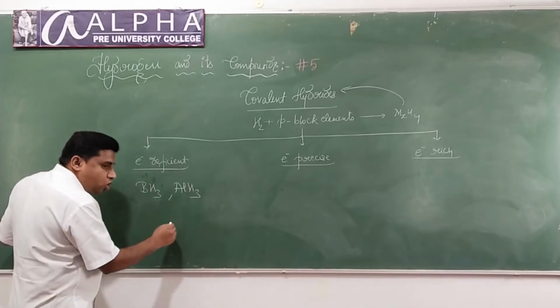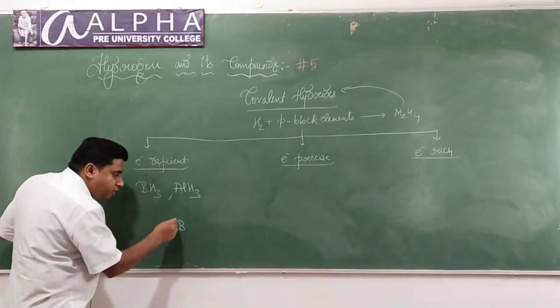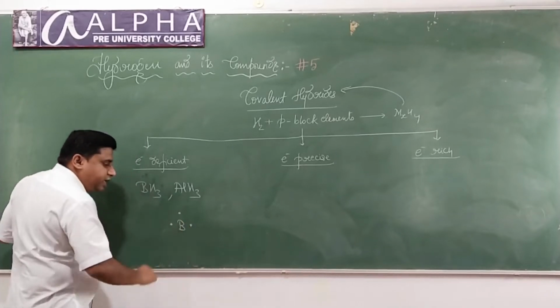If you write the Lewis dot structure of boron, it will have 3 electrons in its outermost shell.